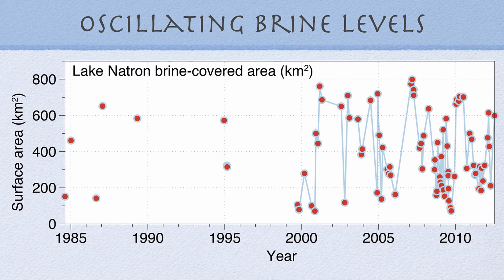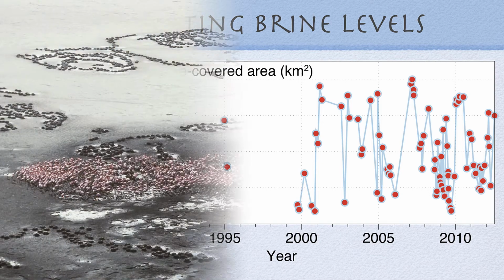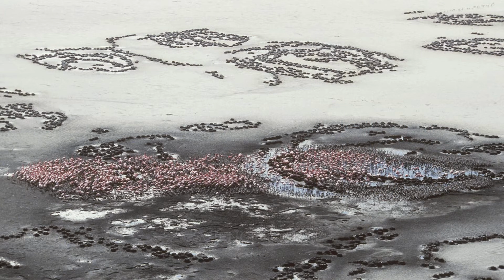And here is a plot of the fluctuations in the lake levels across the period from 1985 to 2012. And you can see that the surface area of the lake expands and contracts with the seasons. And that when water levels are appropriate, flamingos move in to these two breeding sites and set up a series of nesting mounds on these sites.